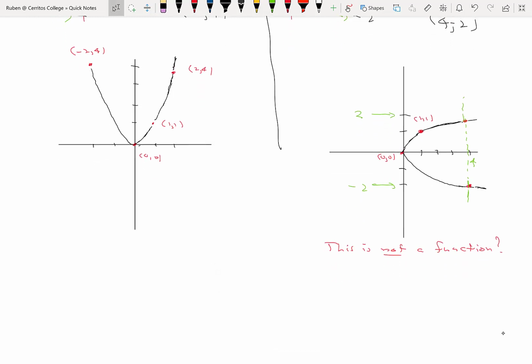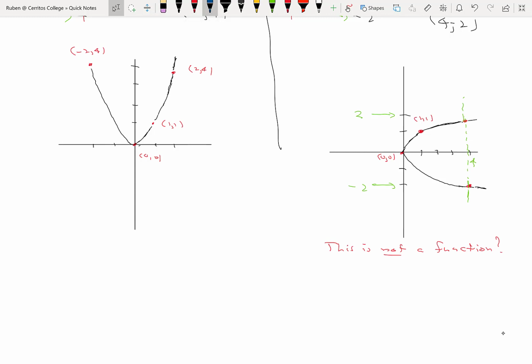If we remove from the original function, the squaring function, the part of the function to the left of the y-axis, then the corresponding inverse would be a function. That may not make sense to you right away. So what I'm going to do is show you.